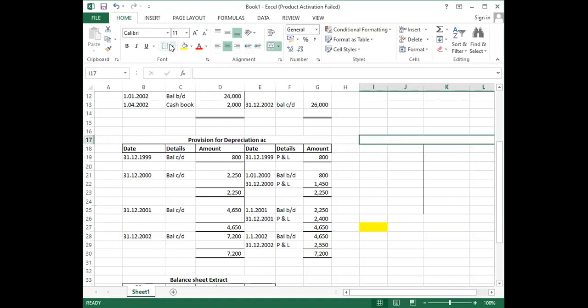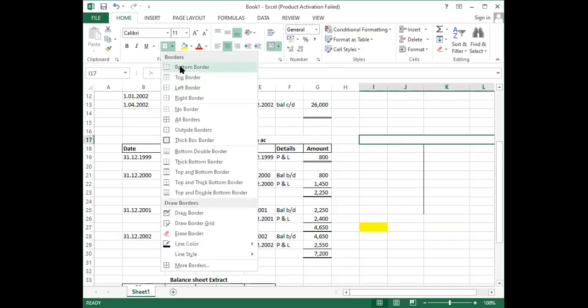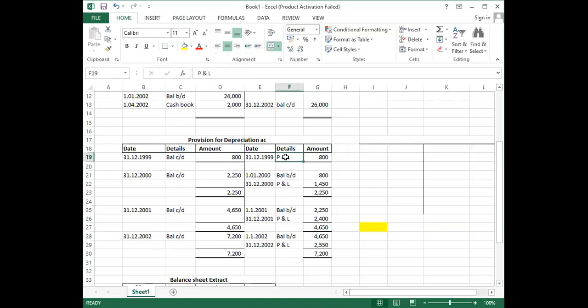It would look something like this, depreciation account. Here we have debited PL, we debit it here, right? And therefore in the depreciation account, we expect a credit of 800 for year what? 1999, right? 1999. That's the way it's supposed to be.